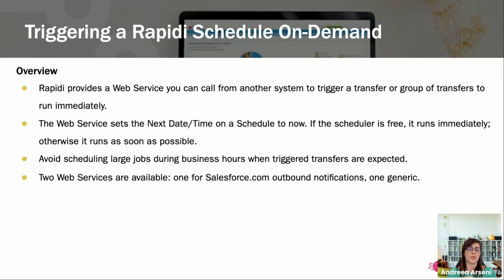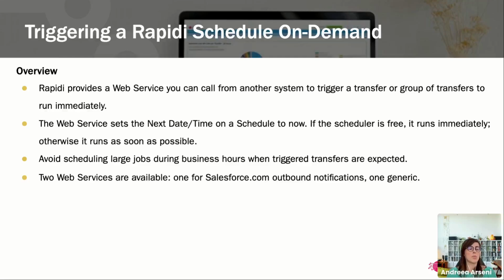And you have two web services. You have the usual one, the Salesforce one, where you can use outbound messages. You configure those and then trigger your schedules. Or you can have a generic one that allows you to trigger schedules from other systems, for example ERPs, where you can make the necessary changes and then trigger any schedules.